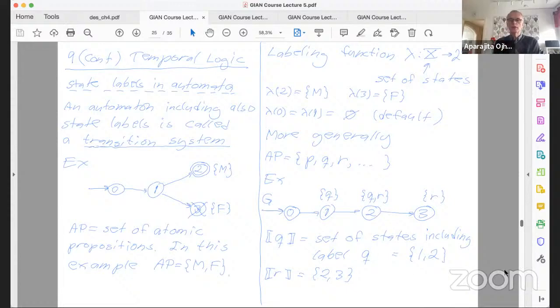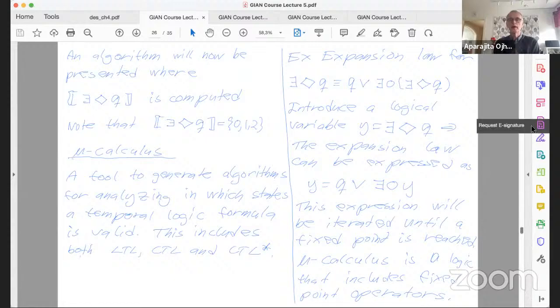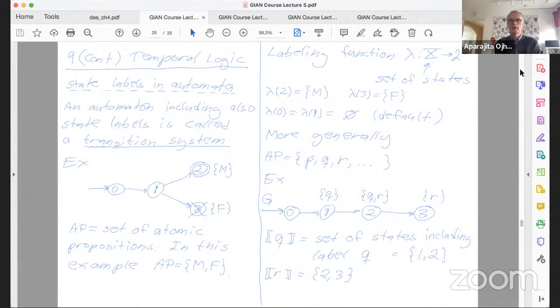Now I would like to introduce some aspects of how to analyze this, and this mu-calculus, which I mentioned before.